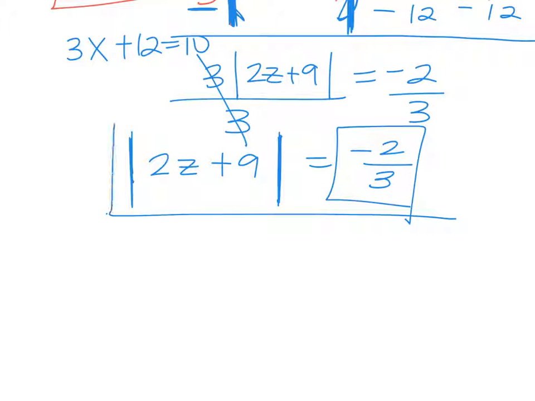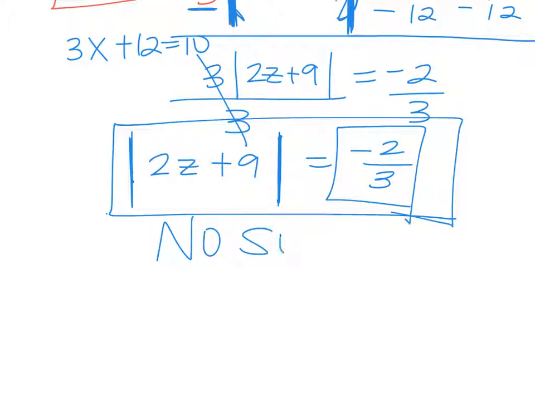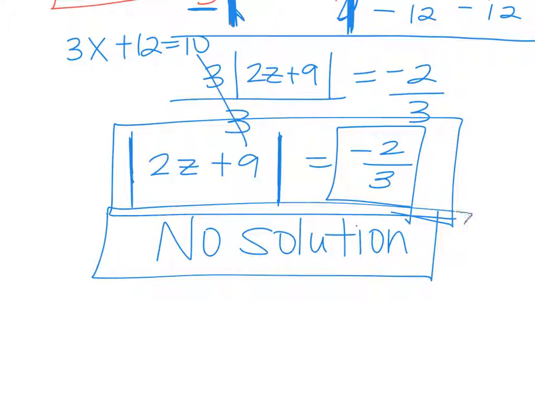So when you get to this point in a problem, if it's just absolute value on one side and a negative on the other, you have to say no solution, and you're done. There's nothing else to solve. You leave it at that. Okay, so once you isolate, if it's negative, no solution. Questions on that?